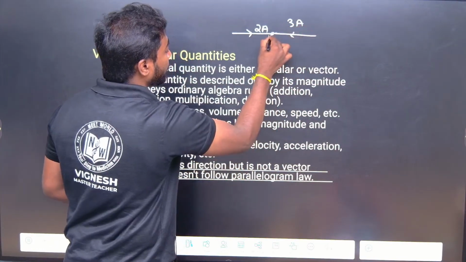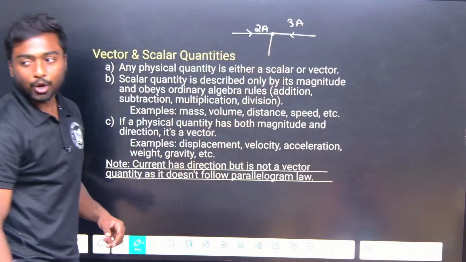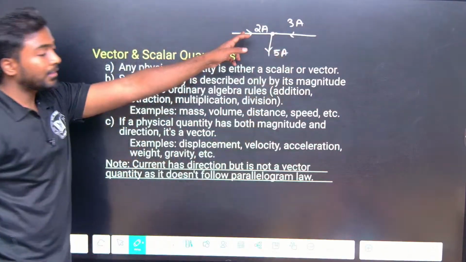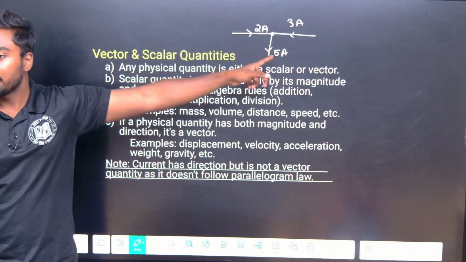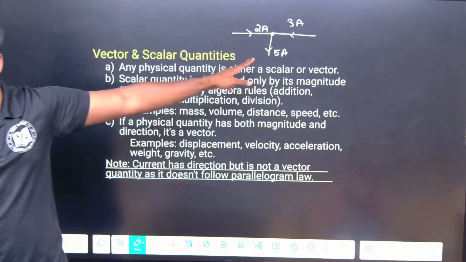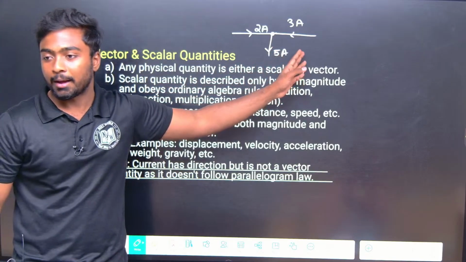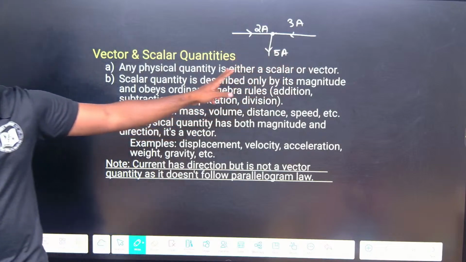I am taking everything from top to down, which is 5 ampere. Here the directions are there, but when I am dealing with currents, we won't follow the vector rules. Only scalar is applicable here.